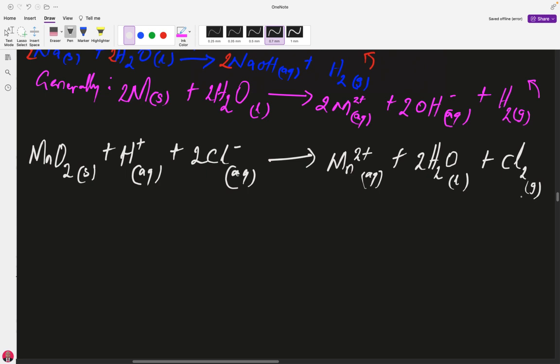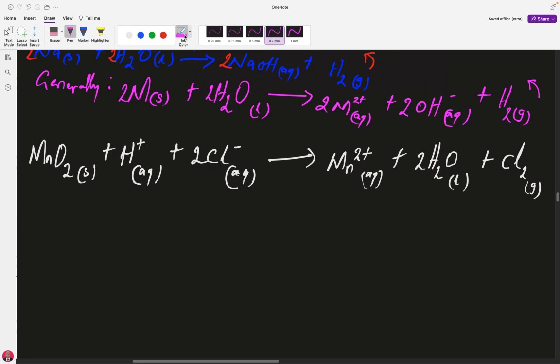What you notice here is oxidation. In terms of oxidation number, oxidation is an increase in the oxidation state, even though we know that oxidation is the loss of electrons. Being an oxidizing agent, you oxidize something and at the same time you are reduced.